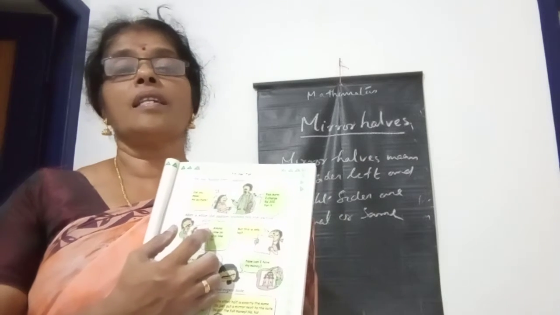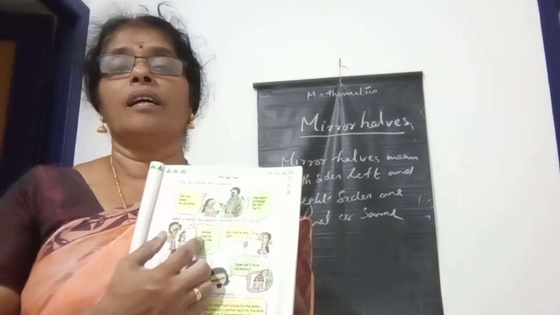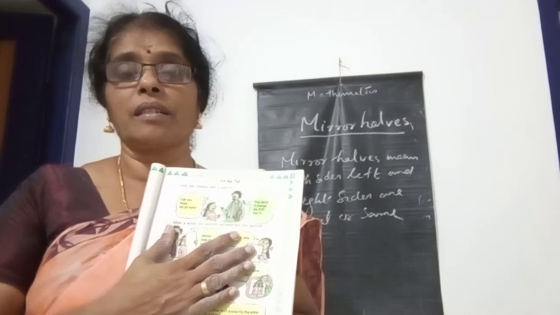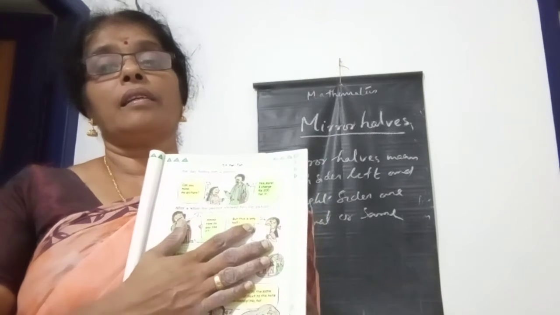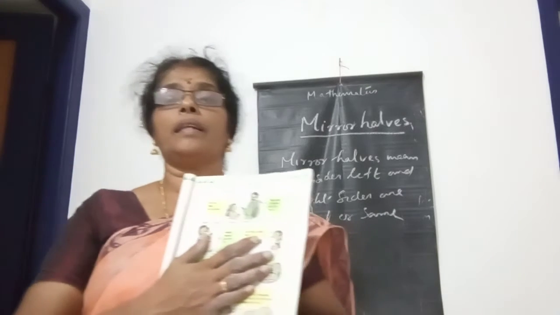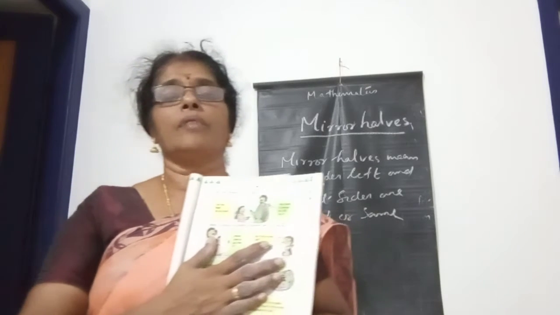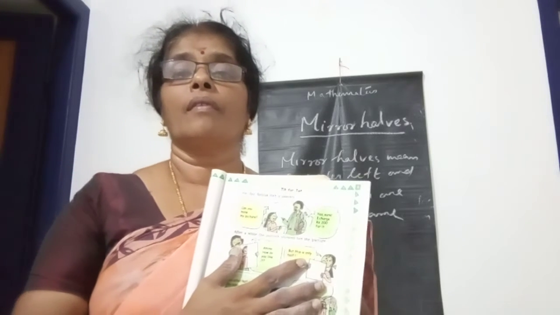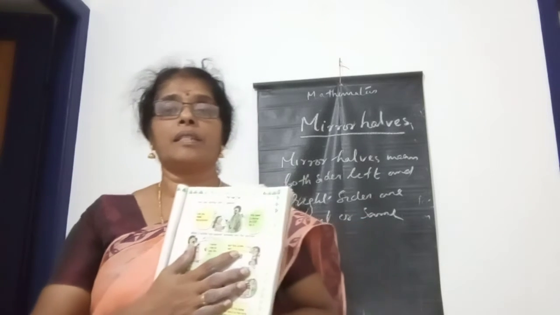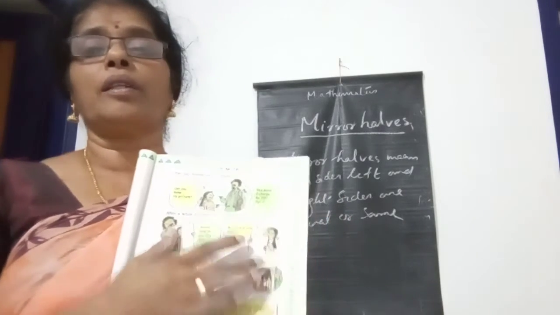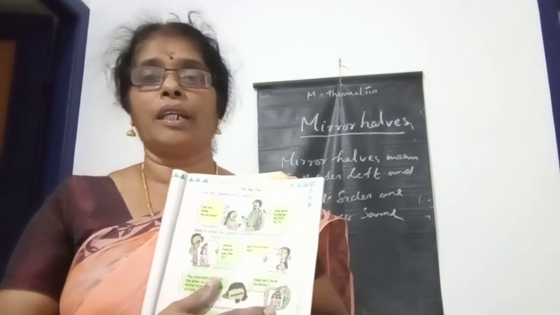Then she asked the painter, can you draw my picture? Then the painter gave the reply, oh sure, I will do it, but you have to give 200 rupees. Amina said, okay, no problem, I will give you.